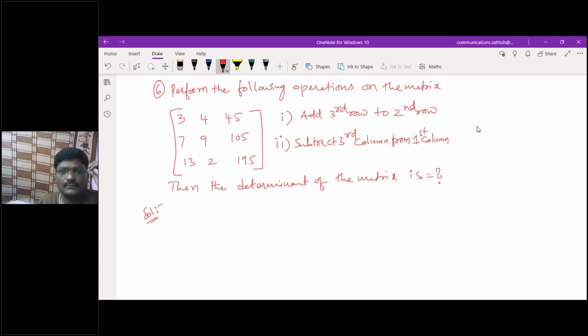Performing the following operations on the matrix means you have to perform the operations on the following matrix. Then they are asking the determinant of this. So what are you people doing? How will you get the solution?